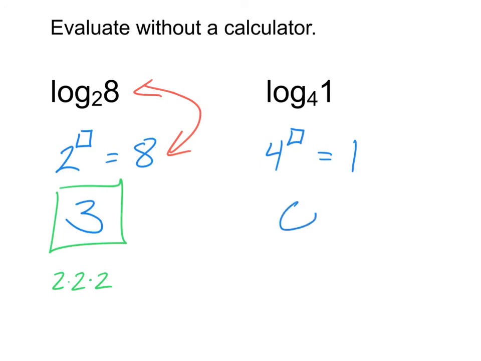Therefore, this equals 0. So anything to the power of 0 equals 1. That is a rule that you will need to know. So if that is a bit of a new one for you, make note of that as well. But that's why log base 4 of 1 equals 0. And with that, we're done with these, and you should now be able to evaluate logarithms without a calculator on your own.